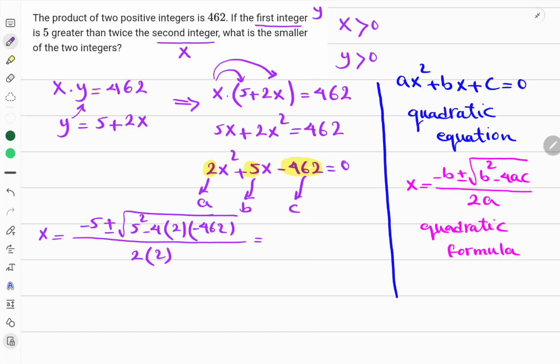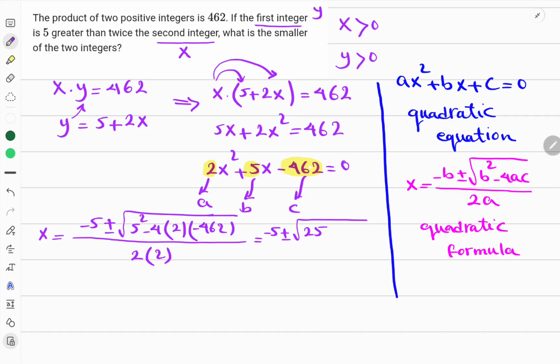And now we are going to simplify inside the square root. Okay, 25.